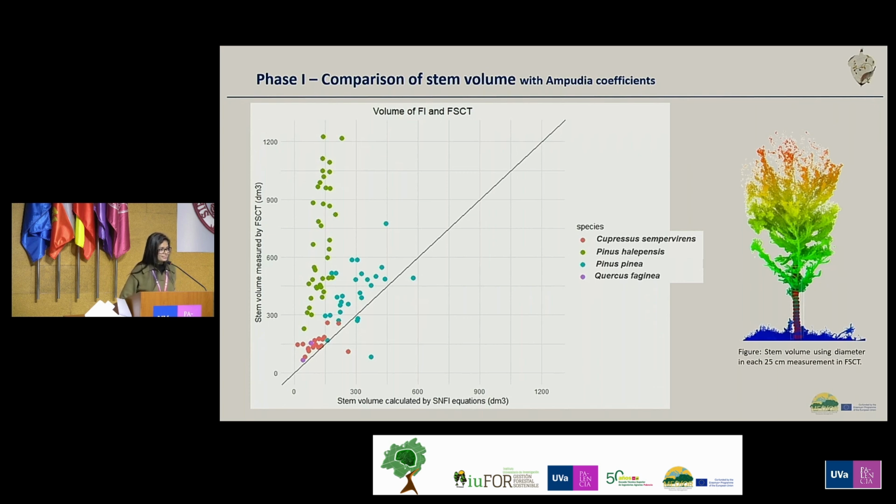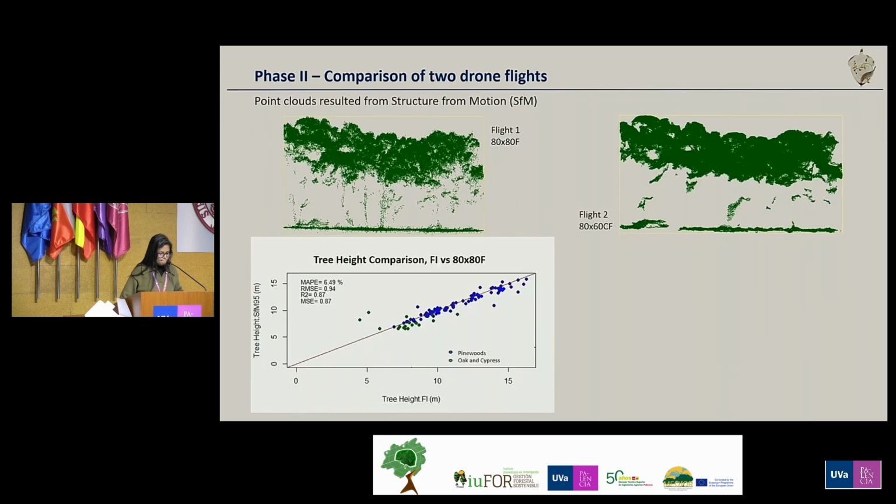We double checked it and we triple checked it. Maybe it might be the time to recheck the Spanish National Forest Inventory equations related to Pinus halepensis in Ampudia. Because of this, I continued the model development with Burgos equations only for the Pinus halepensis.